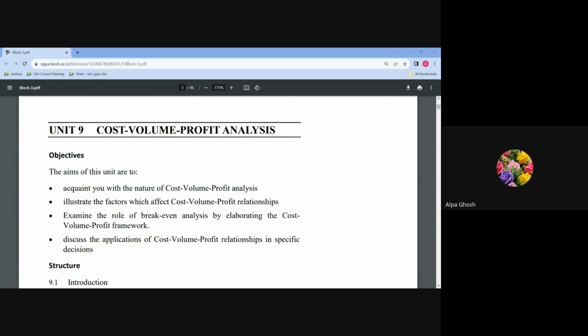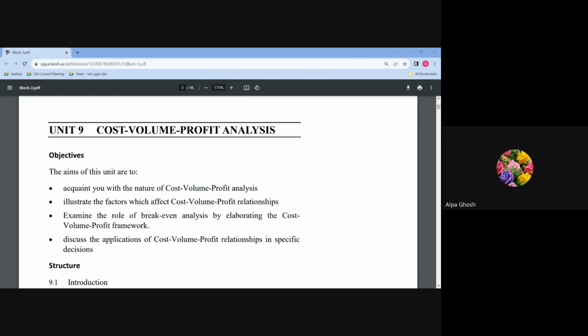Sales should be equal to or more than the cost of production. If not more, then at least it is expected to be equal. If it is not equal, if it is below, then what will happen? It will be a loss.